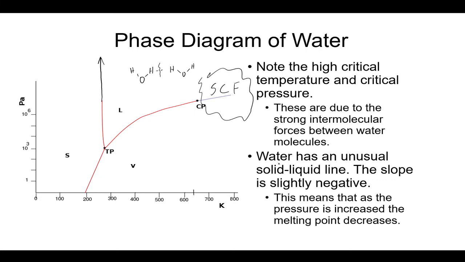The other thing I want to point out here is water has a really unusual solid liquid line. It's not unusual in the fact that it goes up for a very, very long time, right? It's unusual in the fact that it is negatively sloped. Almost every substance has a solid liquid line that looks like this, positively sloped. Water is one of the few that has a negatively sloped line.